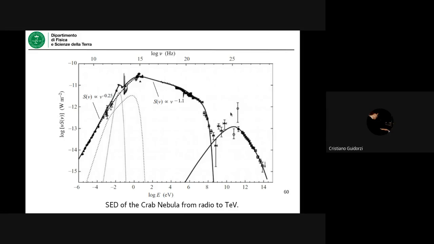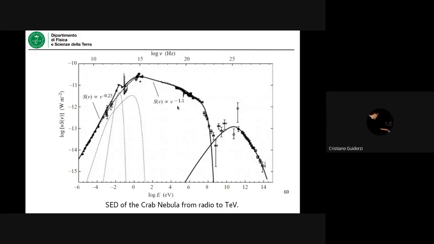When we study, probably in the next class, the so-called inverse Compton effect, we will see that this extremely energetic part of the spectrum is due to a completely different radiative process. This is synchrotron, this is something else. So the Crab Nebula is a fantastic lab to see in place many different radiative processes.